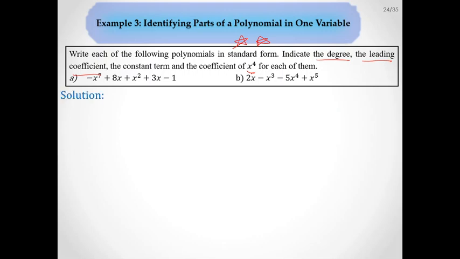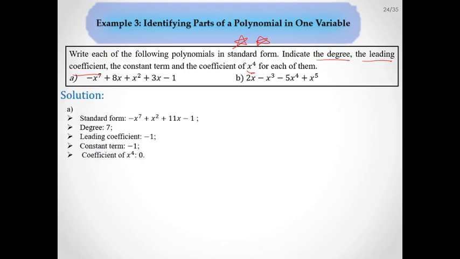Now the standard form will be 7x to the 7, negative 7x to the 7, plus x squared plus 11x minus 1. What we do first is, if there are similar or like terms, we add them. When you add them, you get negative x to the 7, plus 11x, plus x squared, minus 1.